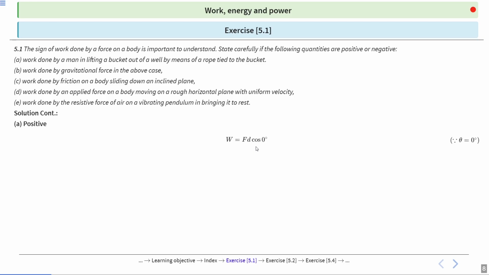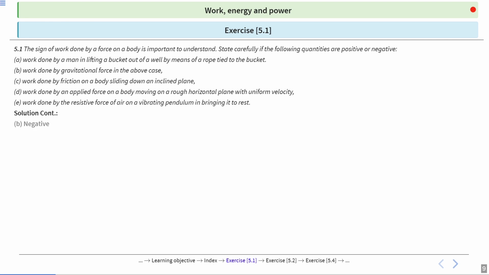So cos 0 degree is 1. So it means W is equal to FD. So it shows greater than 0. So sign of work done is positive. Yes or no? So we can say A is positive. Clear?